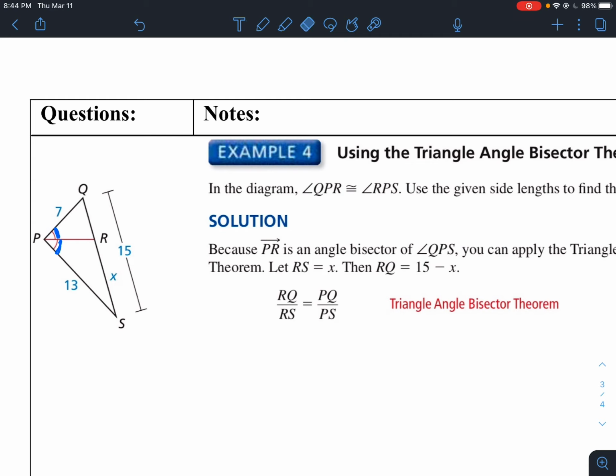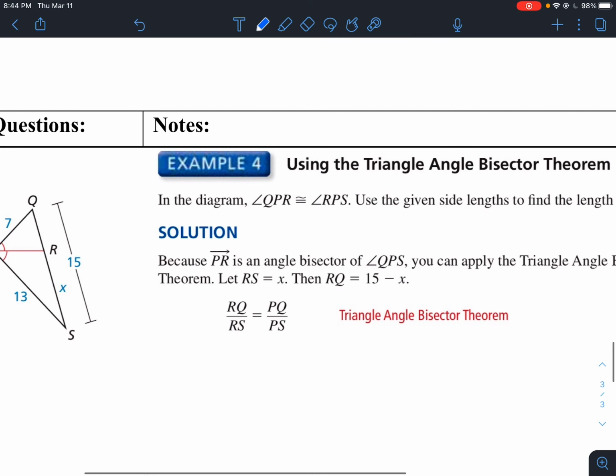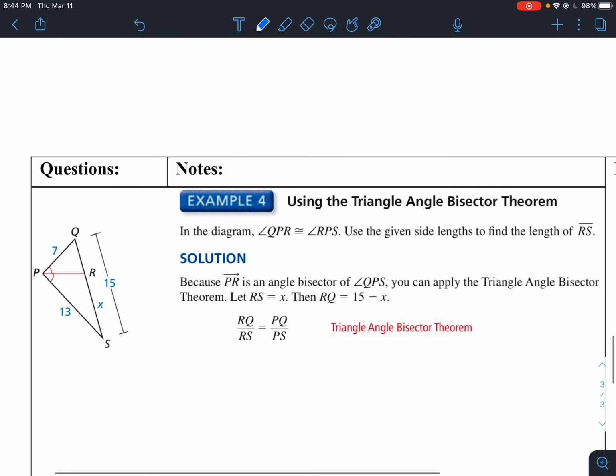So basically what it's trying to tell us is that this segment bisects this angle, which tells us we can use the triangle angle bisector theorem. Okay? So use the given side lengths to find the length of RS. So we want to find the length of RS right here.